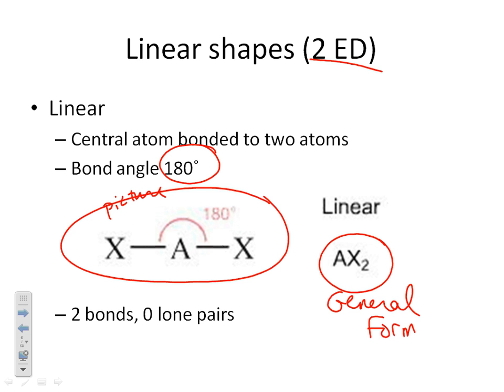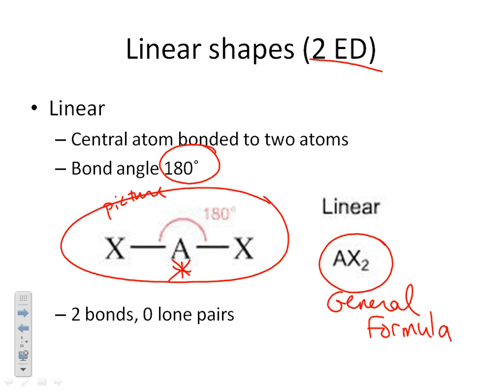meaning AX2. For example, CO2 is linear. It fits this pattern. This is what it looks like. And on that very last column on your note packet, number of bonding sites versus number of lone pairs off of the central atom. Well, A is our central atom right here. There are no lone pairs represented in this structure. We would need to see those individual dots coming off of the A, and we don't see that.